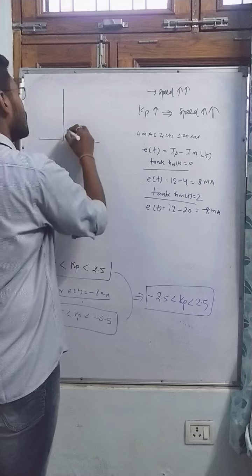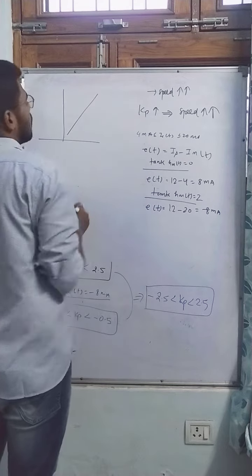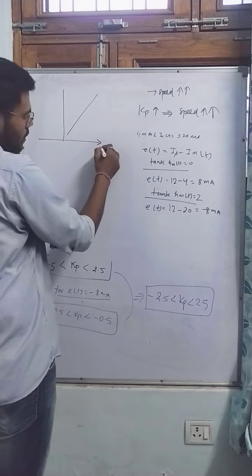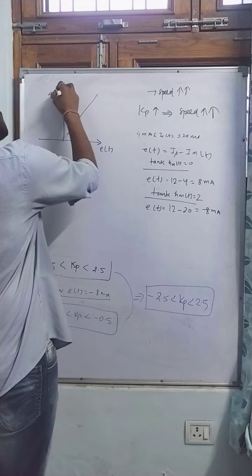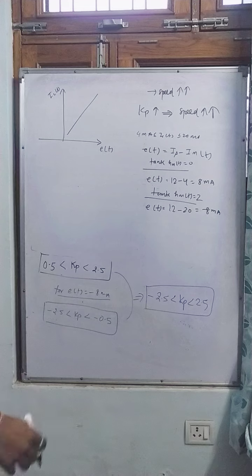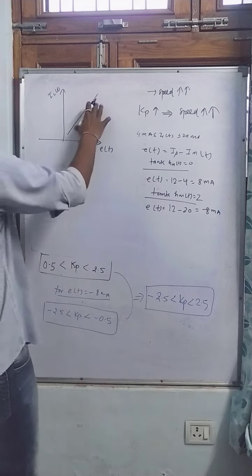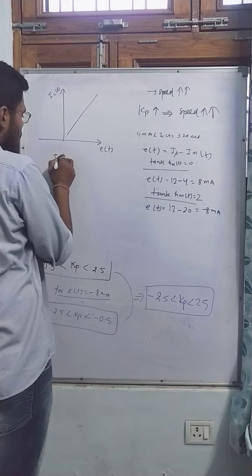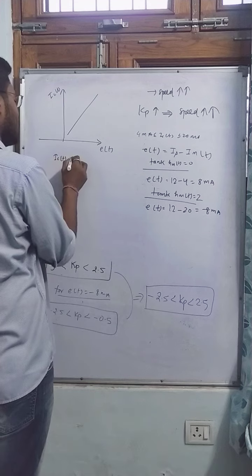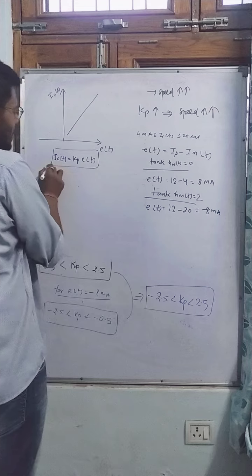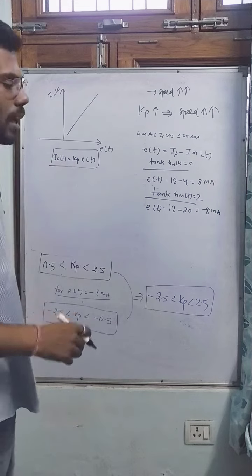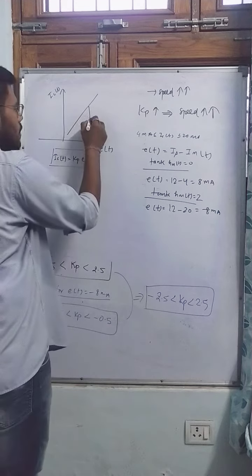This is your controller: the input of the controller is error and the output is controller current. For a proportional controller, we know ICT equal to Kp into Et. That means a linear relation between input and output. This is your slope.